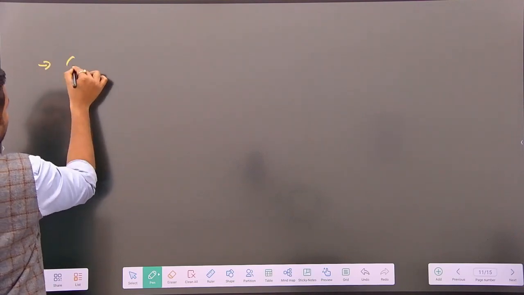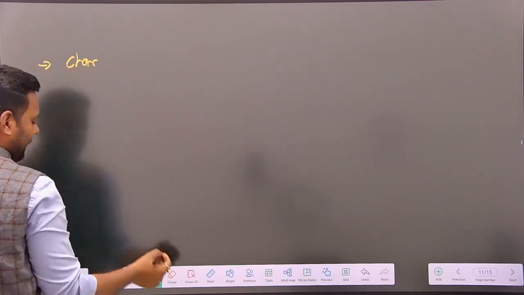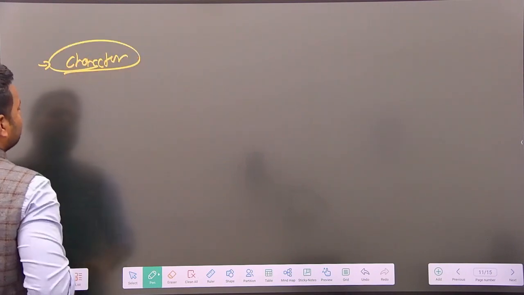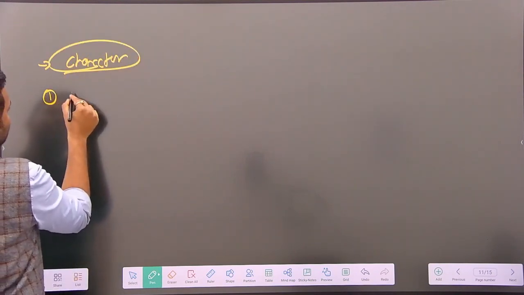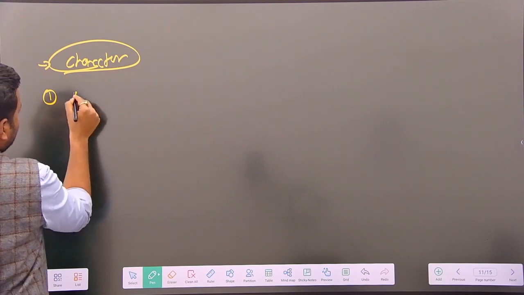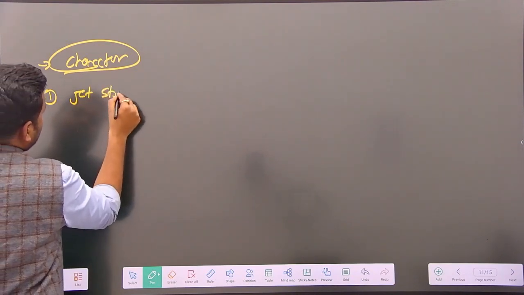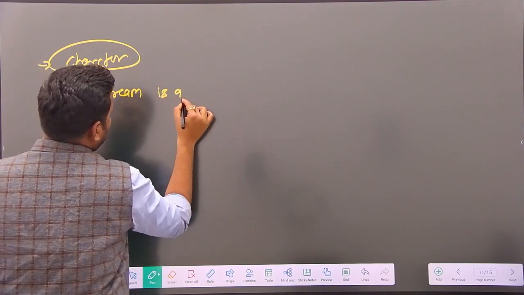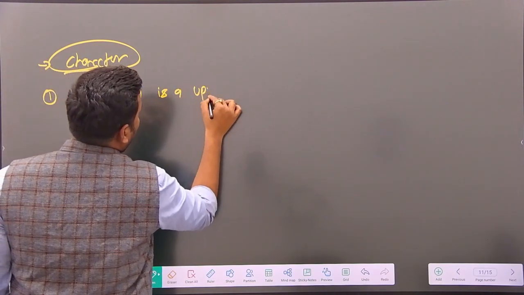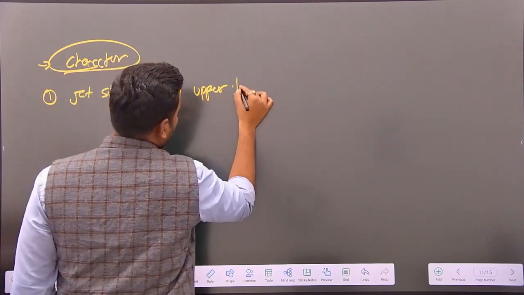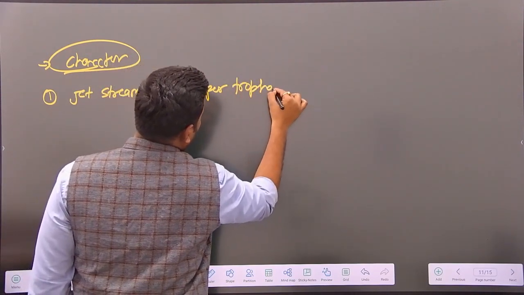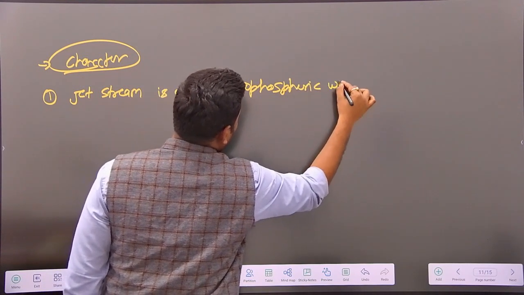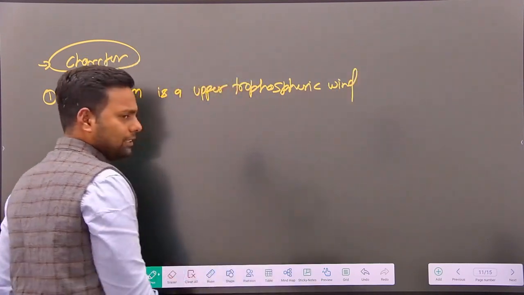What is the character of the jet stream? First, the jet stream is an upper tropospheric wind.